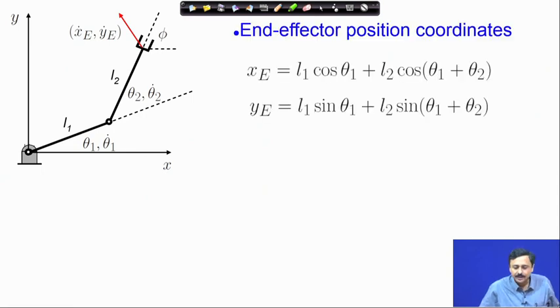Let us begin with the forward kinematics relations. Here I have written out for you the forward kinematics relations which we had derived earlier. I have related here the x position and the y position of the end effector with the joint angles, theta 1 and theta 2.